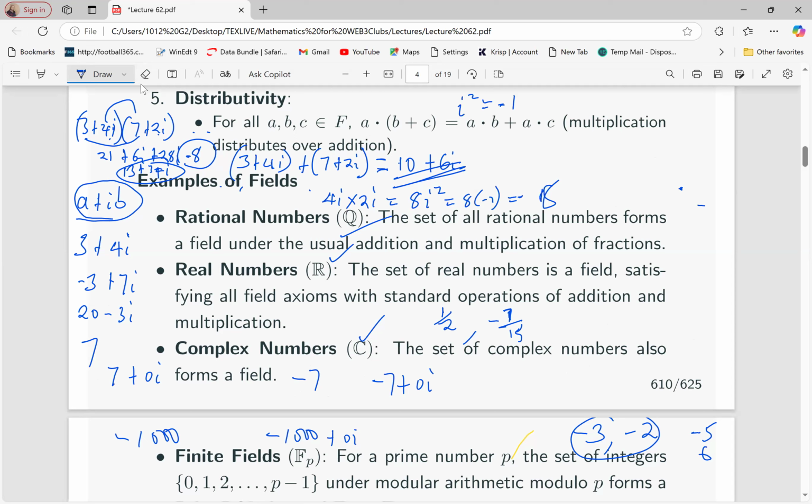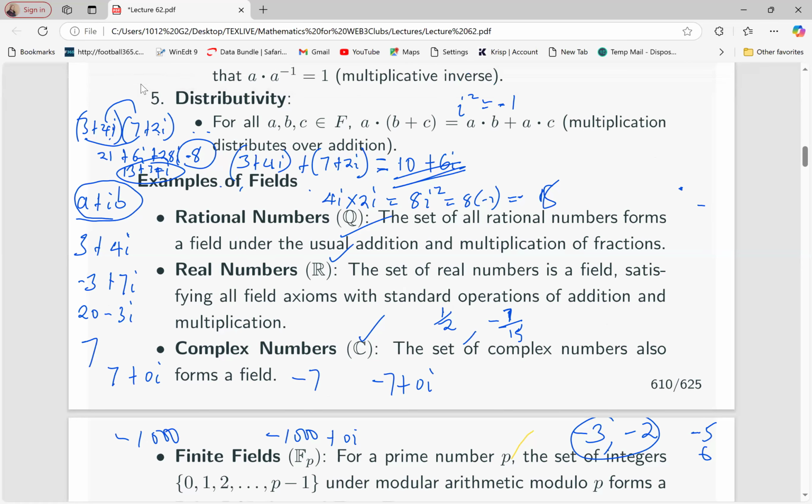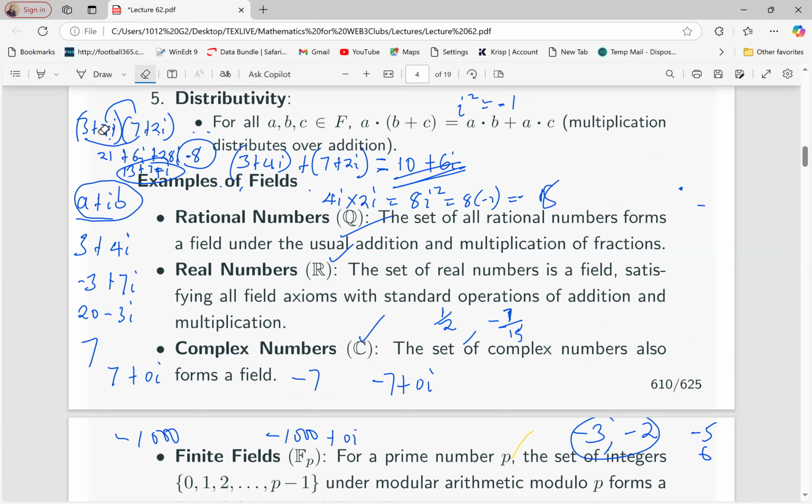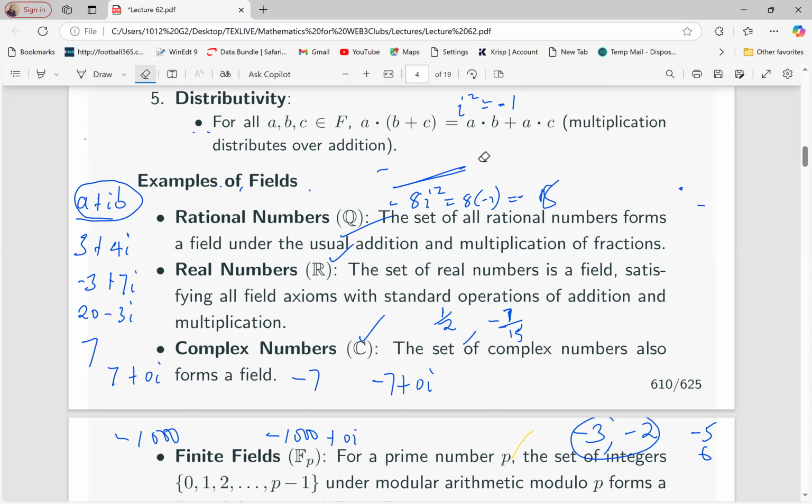Now, what is important here, we've seen that complex numbers are closed under addition and they're closed under multiplication. And so you may want to check whether they have identity elements. The additive identity element, you can see 0 is there. 0 is a complex number. And the multiplicative identity element is also present because 1 is a complex number. Every complex number has an additive inverse and a multiplicative inverse.